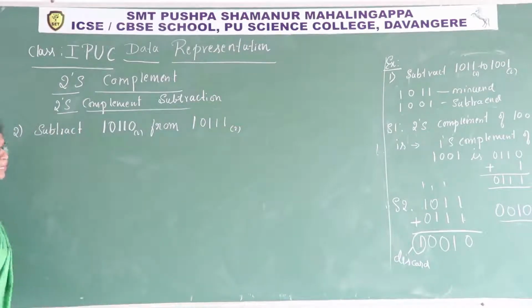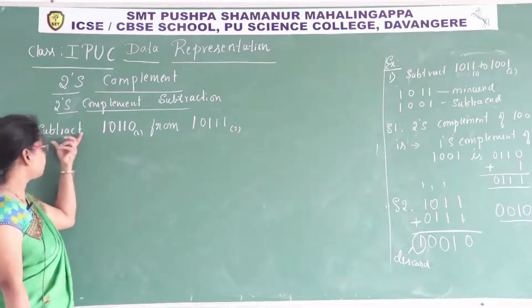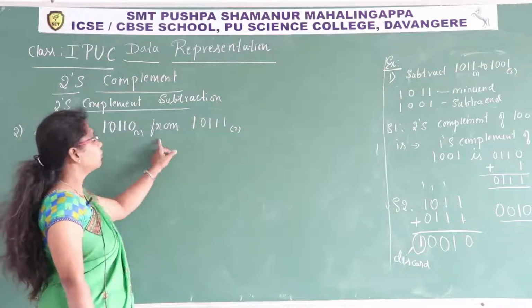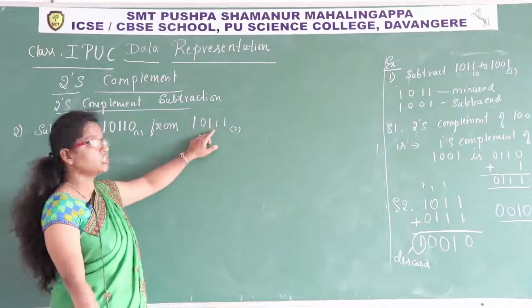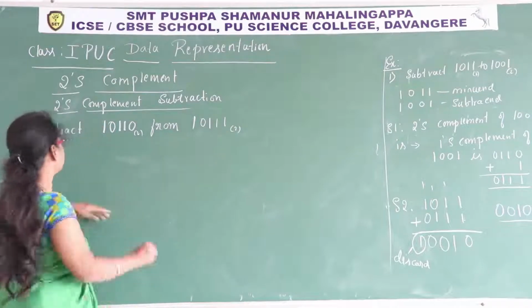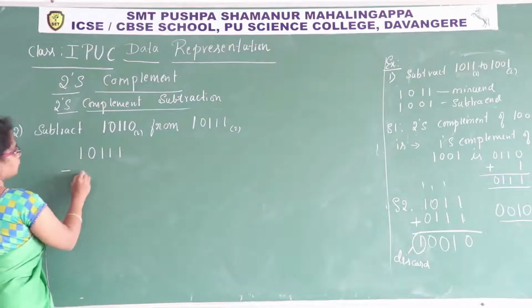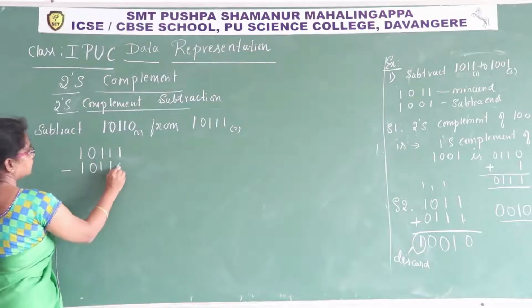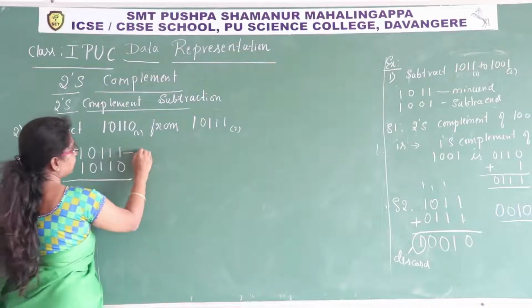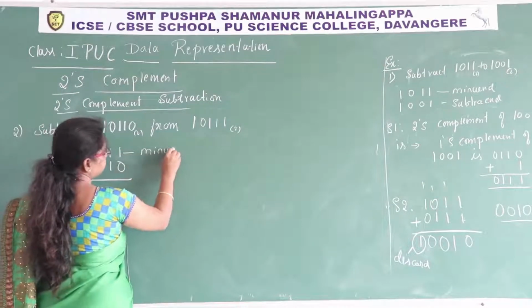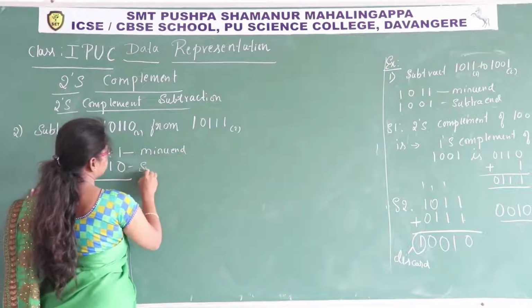Which is the minuend and which is the subtrahend here? We subtract this number from this number, so which number should I write first? This one: 10111 minus 10110. This is the minuend and this is the subtrahend.